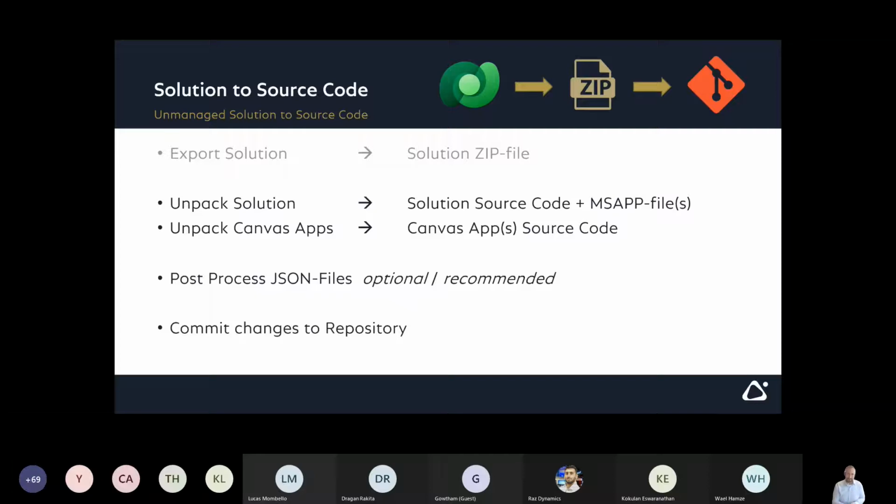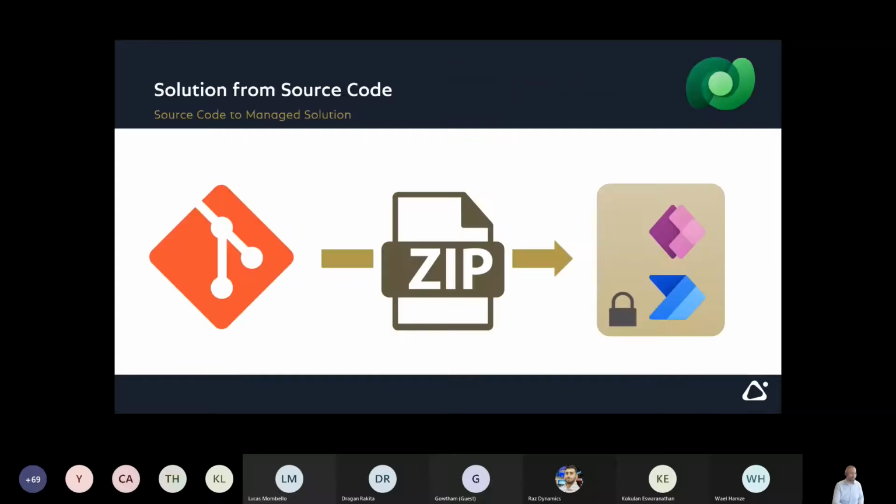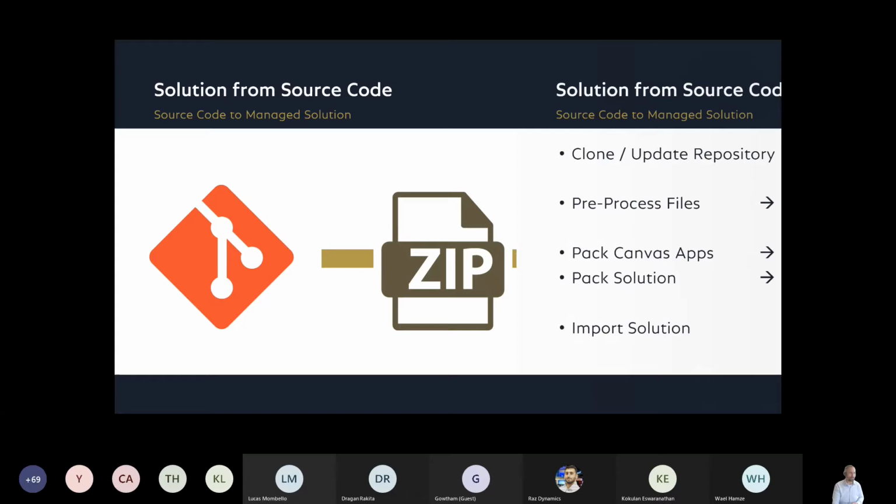Okay, when we have all the sources included in a Git repository, to automate things, we need to reproduce the full process in the opposite way. In this case, we have to take our Git repository, our source code, and pack everything to a solution zip file, and this solution zip file should be a managed solution to import into any of our database environments.